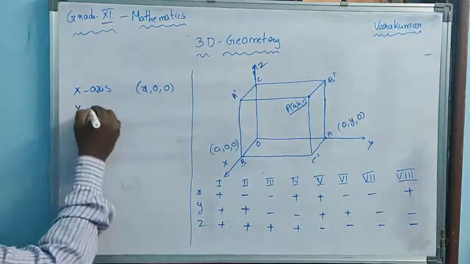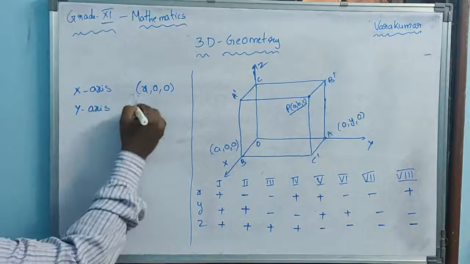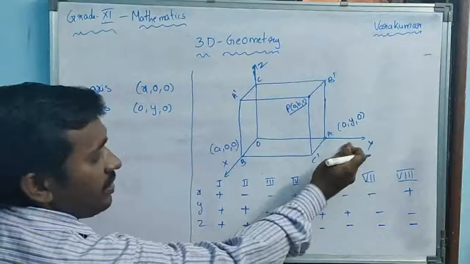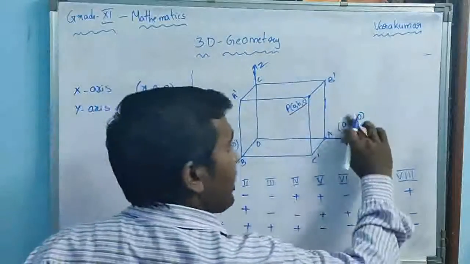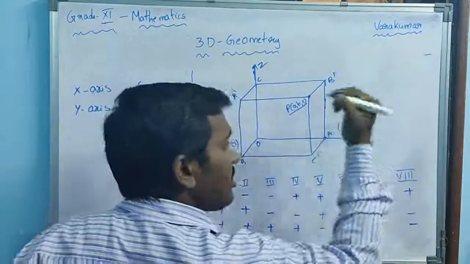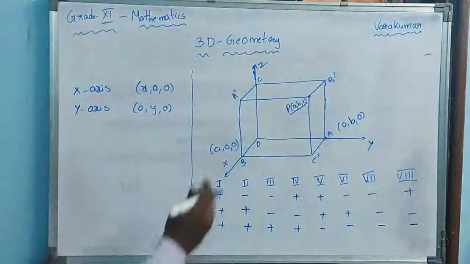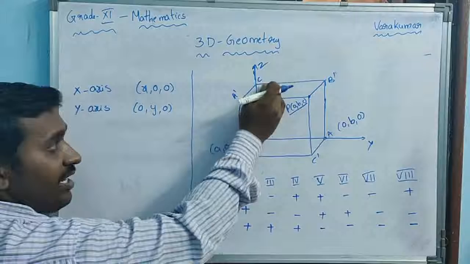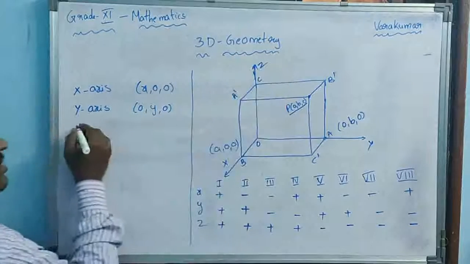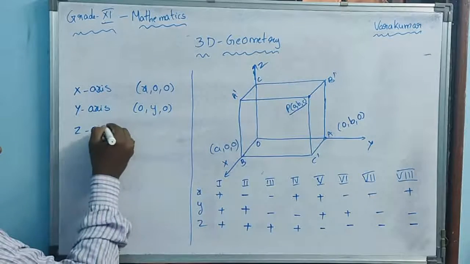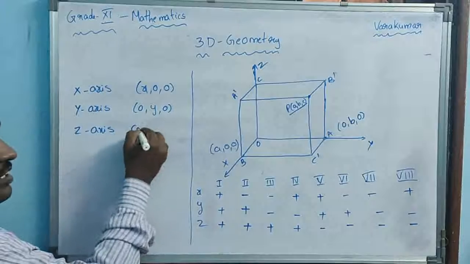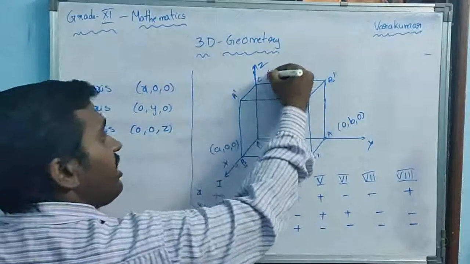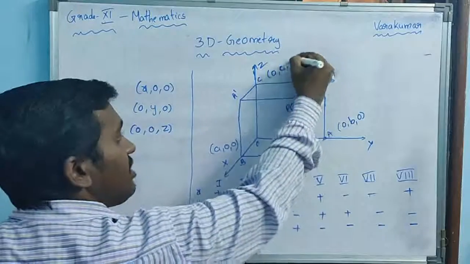And on the y-axis, it will be (0, y, 0), so with respect to this point, (0, B, 0). And with respect to point C, on the Z axis, the X and Y values will be 0: (0, 0, z). Here you write (0, 0, C).